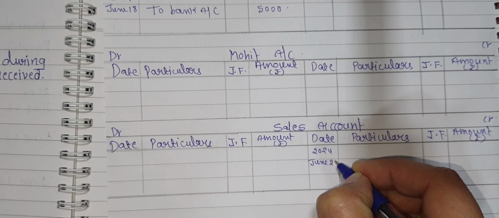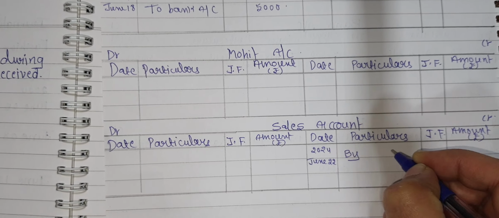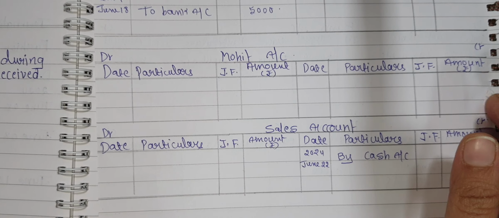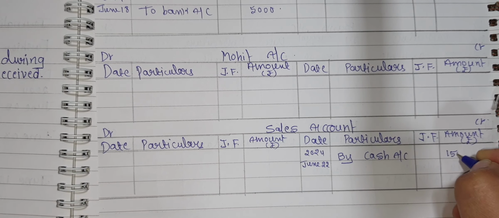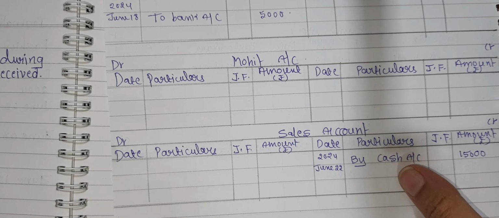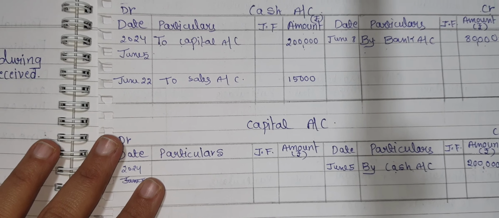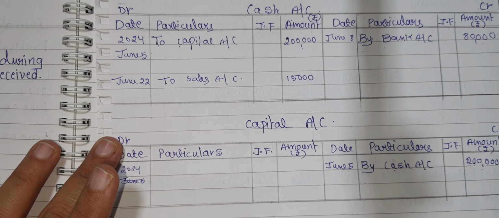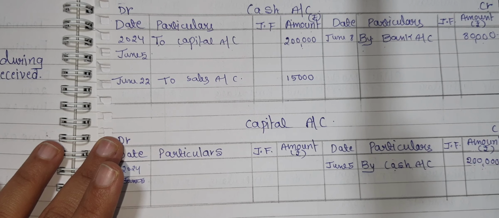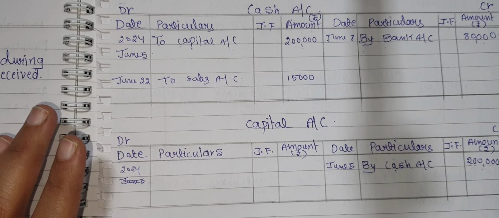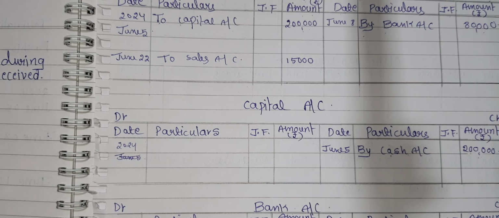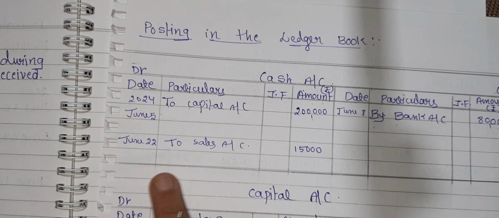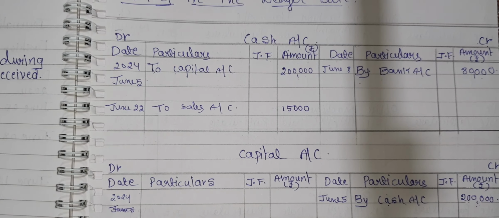June 22nd by cash account, that is rupees 15,000. Okay, June 22nd. Correct. 15,000. To sales account 15,000.